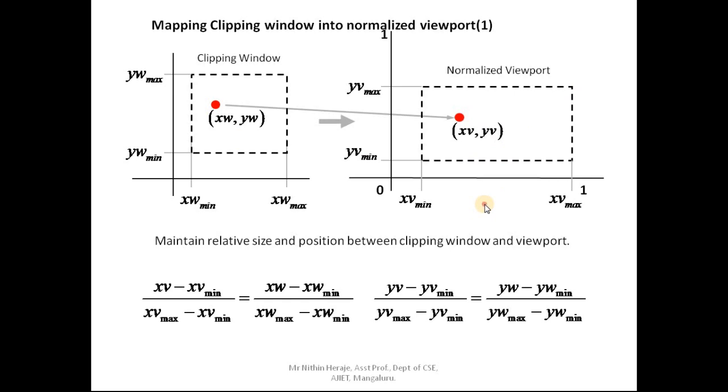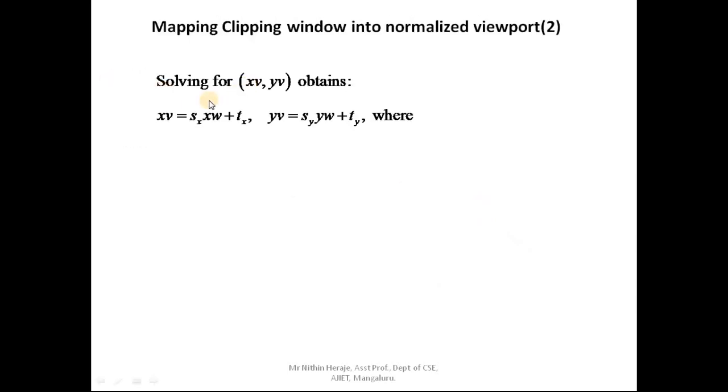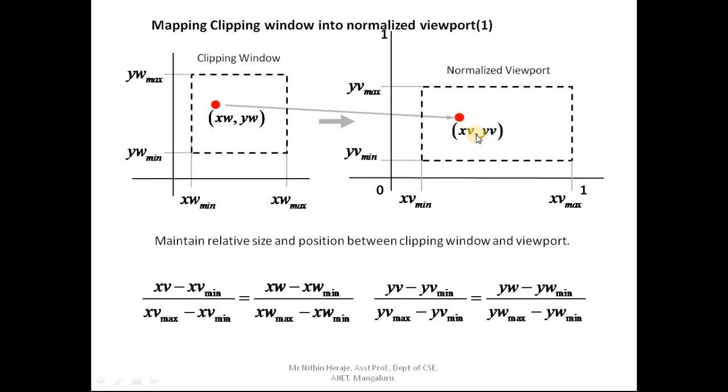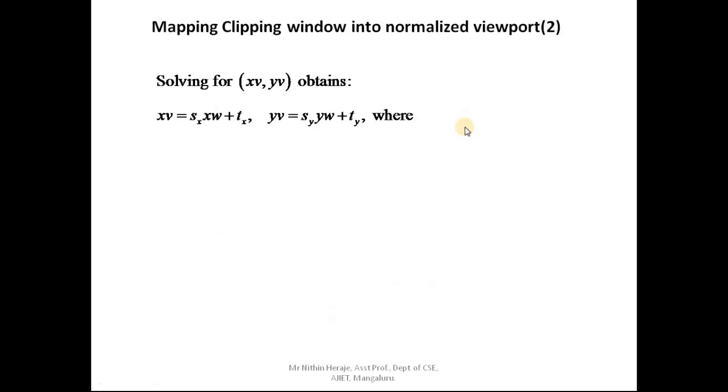So moving on to the next, solving for xv, yv. Xv, yv are nothing but the new positions in the normalized viewport. Xw, yw are the old positions that were there in the world clipping window, and the new position is xv, yv in the normalized viewport.